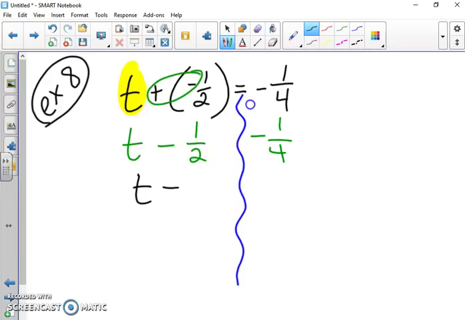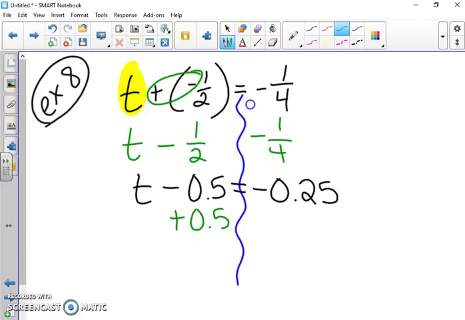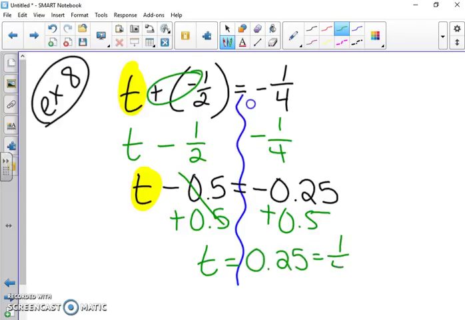So 1/2 is 0.5, and then negative 1/4 is negative 0.25. Now, we just add 0.5 over. Here, find your variable, which is t, and then we add 0.5 over, giving us t equals a positive 1/4, or 0.25. I think that's right? So that's my solution.